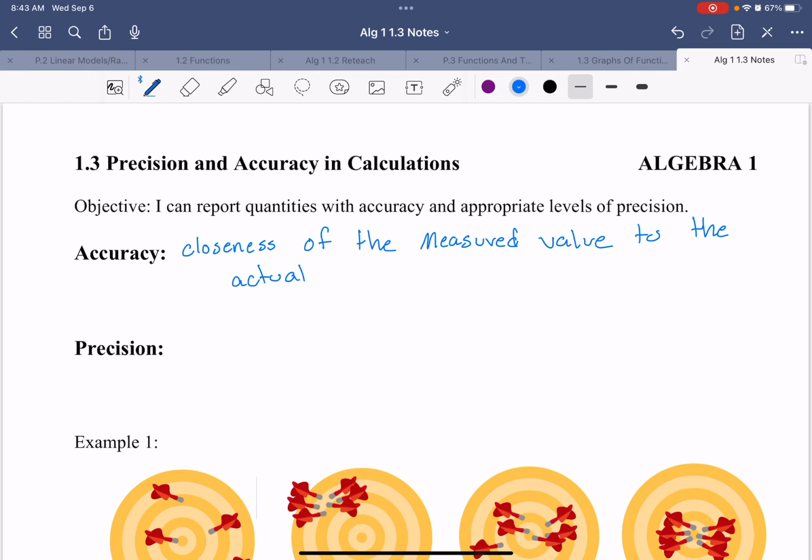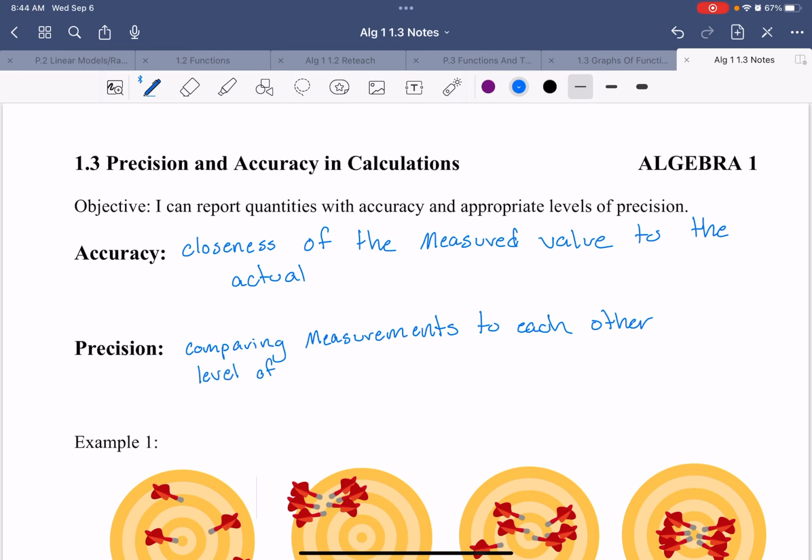Whereas precision is the level of detail of the measurement, determined by the smallest unit or fraction of a unit that can be reasonably measured. So basically, precision involves comparing measurements to each other. Okay, or we'll go ahead and get that book definition.